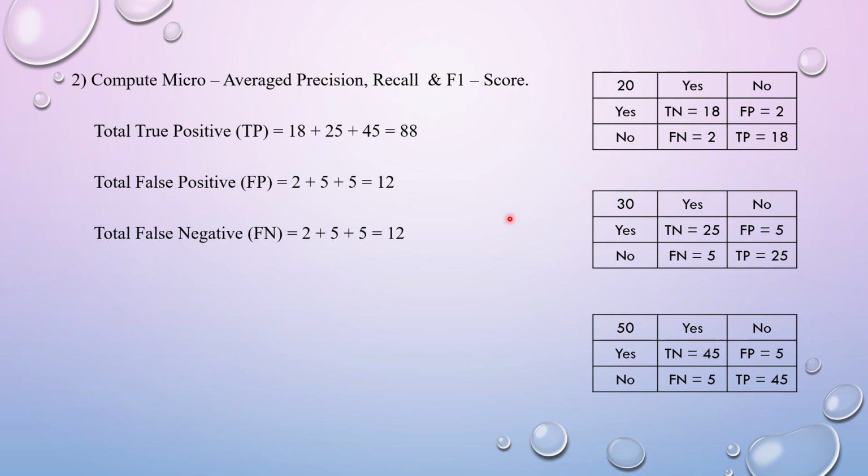So we add all the values, 18 plus 25 plus 45 which is equal to 88. This is the total true positive value.